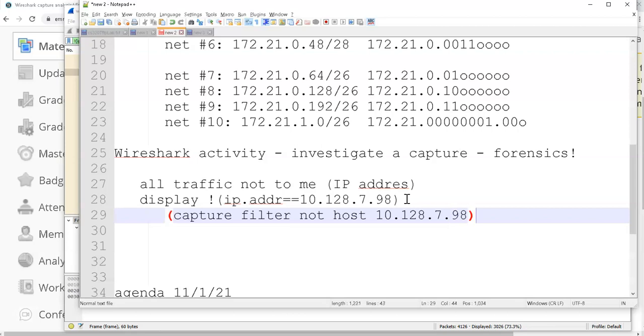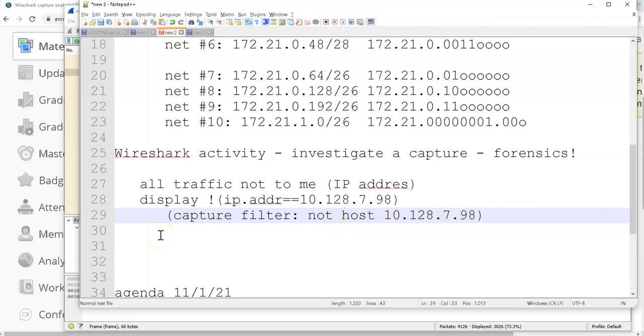Completely different syntax on a capture filter. Kind of irritating. The reason I would do it on a capture filter is because I'm capturing a ton of things. If I want to save my disk space and I know exactly what I'm looking for in the network, I go to a capture filter, so I'm not capturing everything and then doing a display filter. Okay, so that's just extra for you.